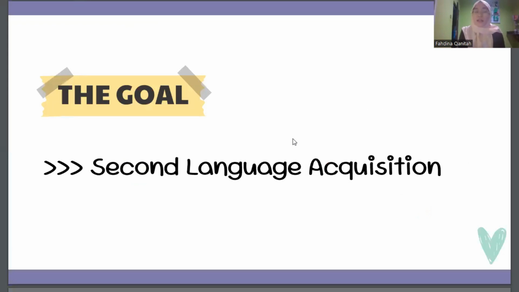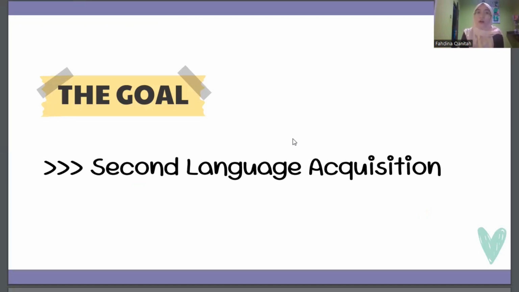Okay, guys, let me recall again about second language acquisition. Why is teaching a second language hard? Because teaching a second language is not only studying the language, it's all about acquiring the language. It's about getting the language.